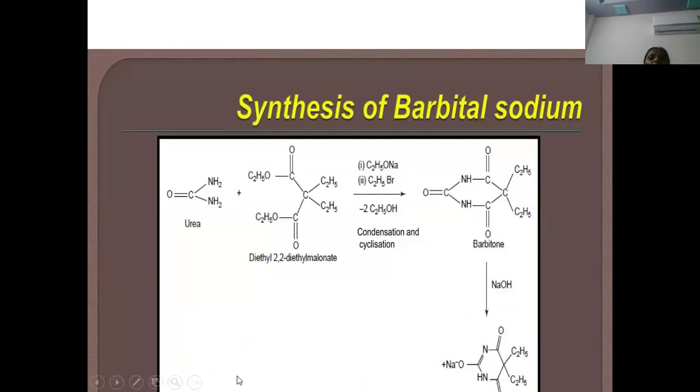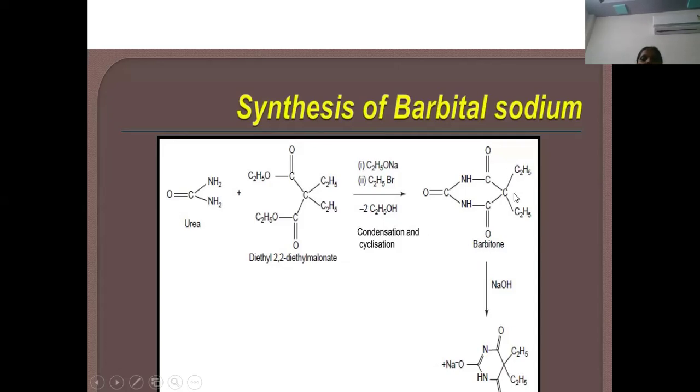Next, coming to the synthesis of barbital sodium. In that synthesis, the starting structure is urea. Urea, as you already know, has C double bond O and NH2 NH2 groups. This is treated with diethyl 2,2-diethyl malonate. This is the structure of diethyl 2,2-diethyl malonate. The reaction is carried out in the presence of sodium ethoxide and ethyl bromide, with removal of 2 molecules of ethyl alcohol, which upon condensation and cyclization gives a cyclic structure, that is barbitone.